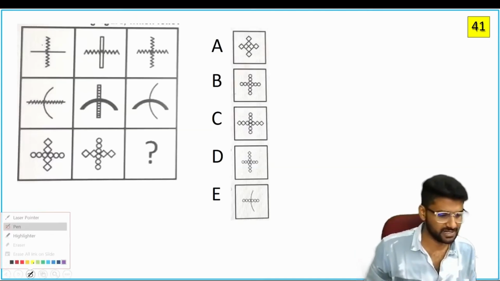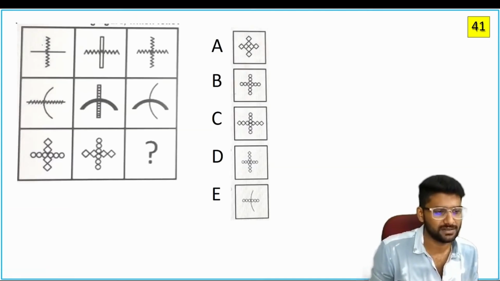Next, go through the next picture. This is one of the confusing pictures, but it's a good question.